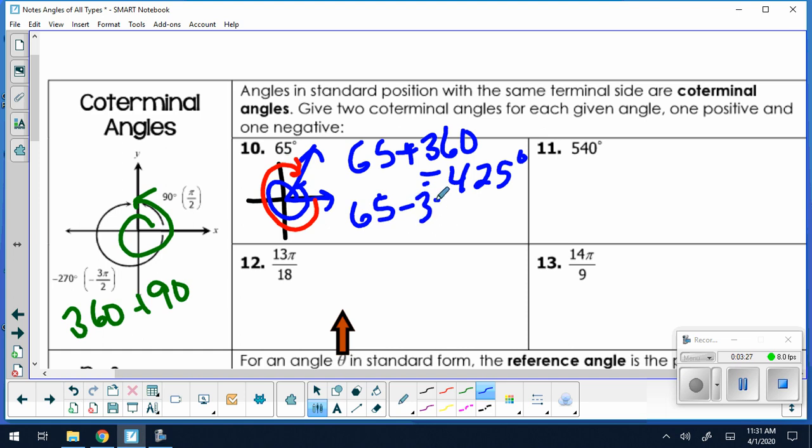For the adding one, it really doesn't matter which order I go in. For the subtracting one, I want to do the 65 first because that's going to give me my nice negative number. So when I do 65 minus 360 and I get negative 295, see how it already gives it to me negative?